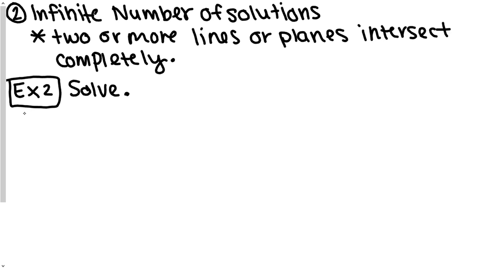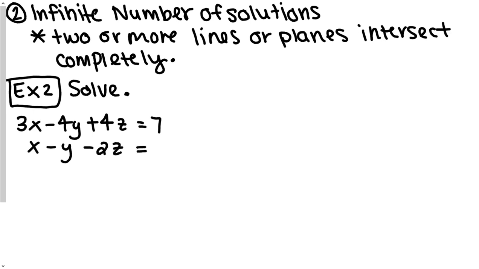So I have the system 3x minus 4y plus 4z is equal to 7, and x minus y minus 2z is equal to 2, and 2x minus 3y plus 6z is equal to 5.